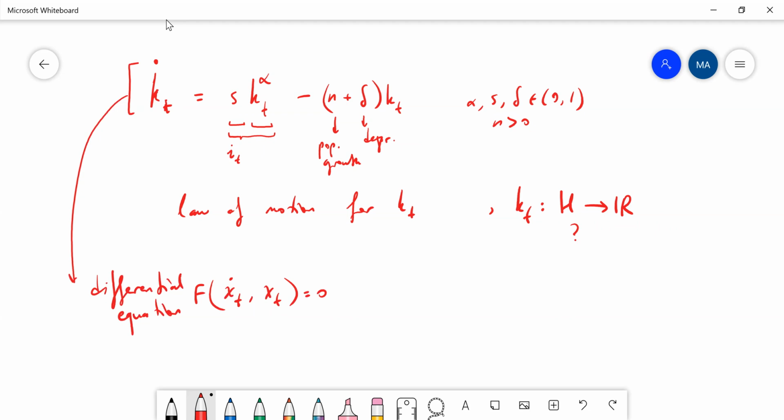Now, in this case, this is a nonlinear differential equation, right? It is nonlinear because of this, and it is first order. Why first order? Because we have the first order derivative of k(t) with respect to t. Okay.